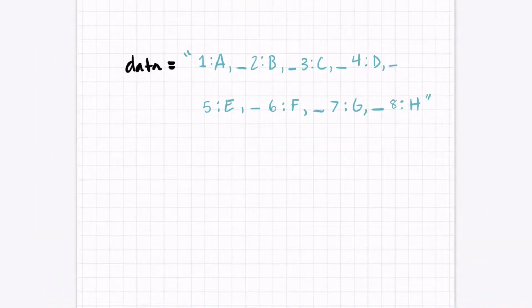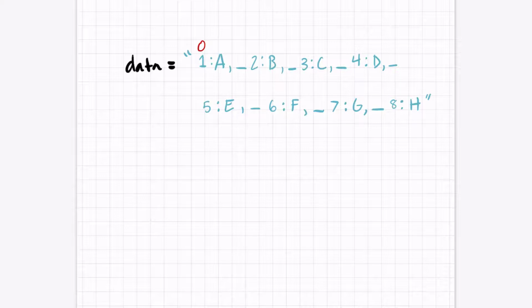Okay, so we're given a long string, and I added the underscores here to represent spaces so that I could count correctly when I start putting the numbers for each character of the string. So what you're going to want to do first is label them.